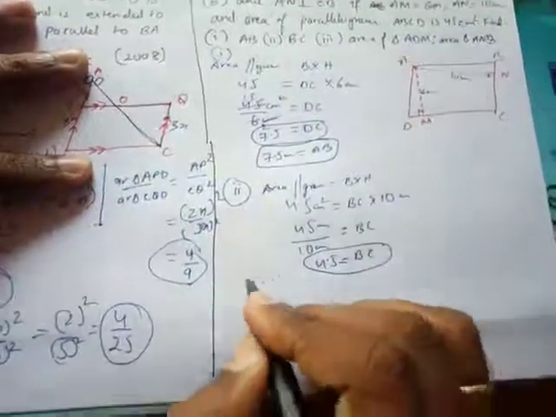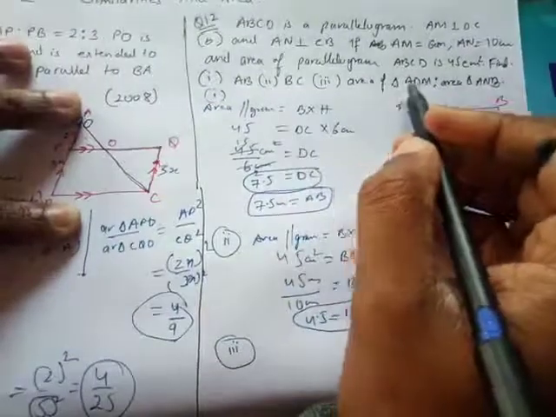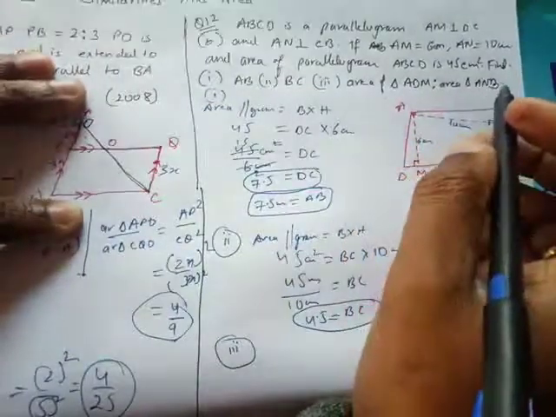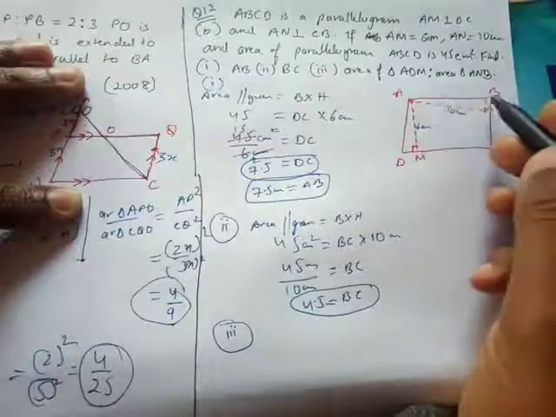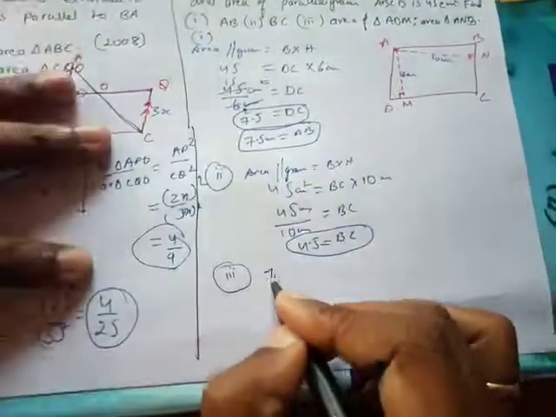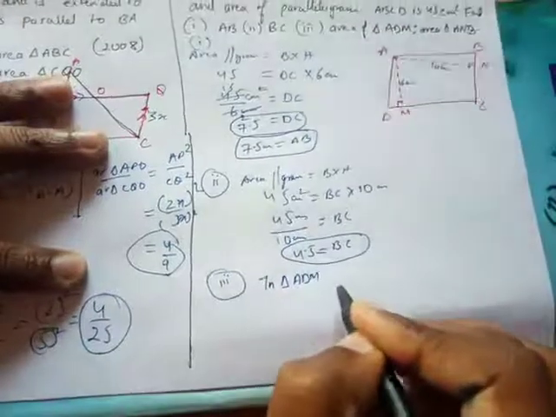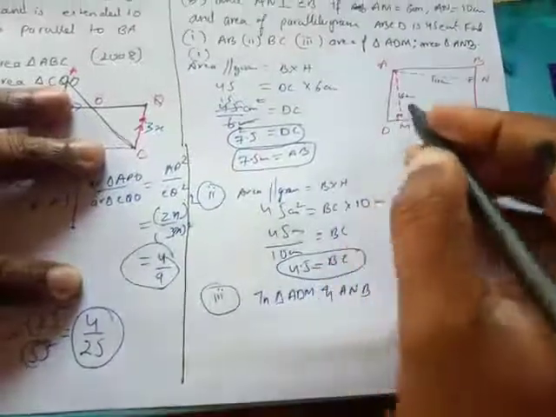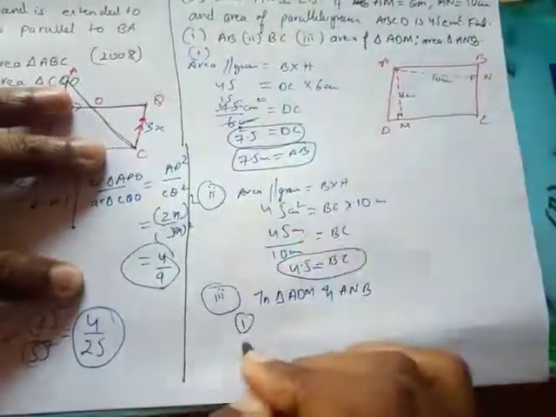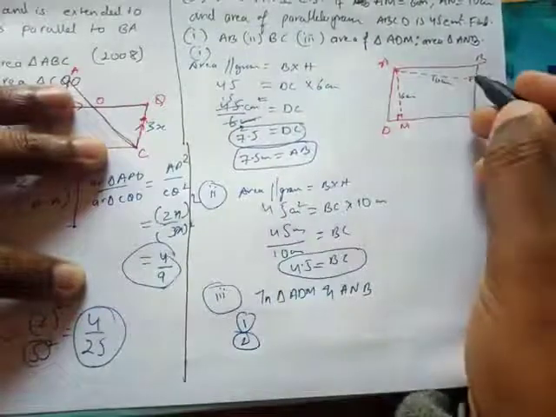This is the second part. Now the third part. What do we have to do in the third part? Area of ADM and area of ANB. First thing, I'm going to prove both the triangles similar. In triangle ADM and ANB, you need 2 proofs or 3 proofs, but I'll be solving through angles. This is 90, and this is also 90.